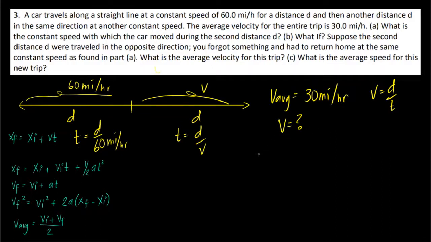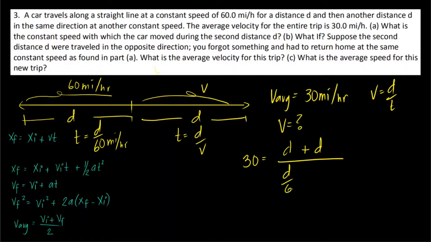Our v average of 30 is equal to our total distance, d plus d, over our time, d over 60 plus d over v.